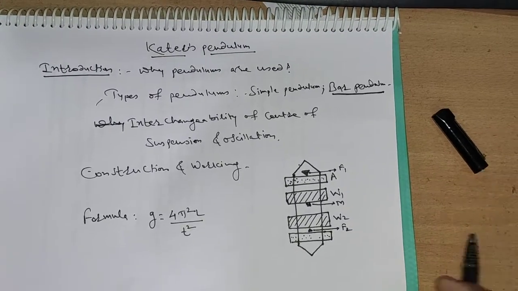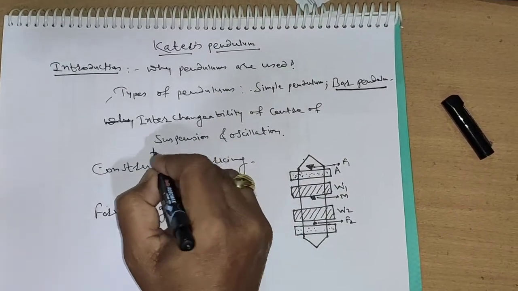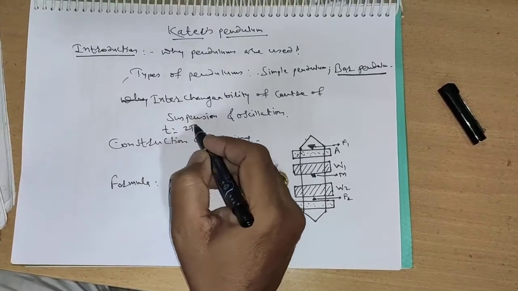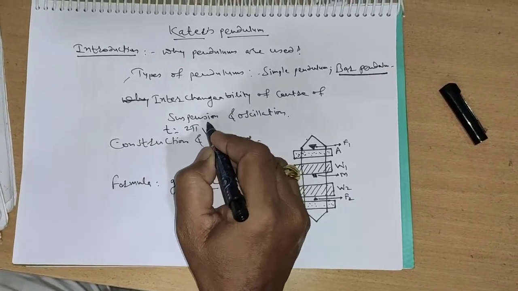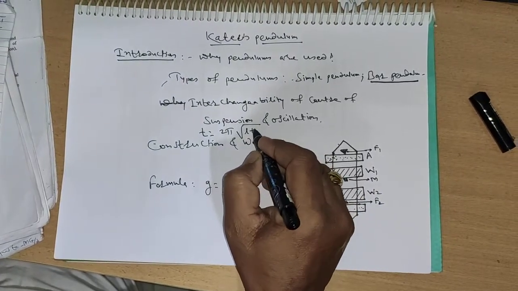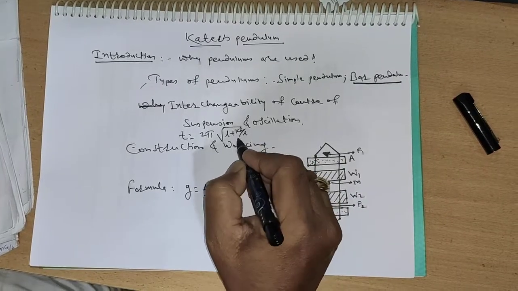The time period T is 2π under root of (L + k²/L) by g.